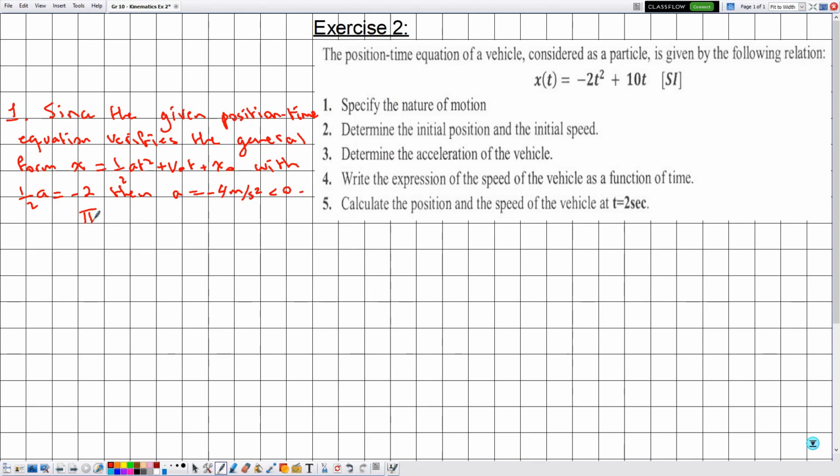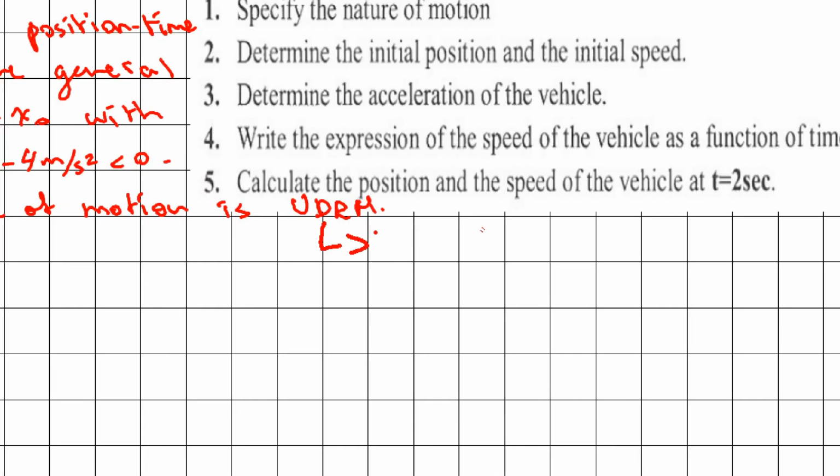Then the type of motion is UDRM, since the acceleration is negative, and D stands for decelerated.